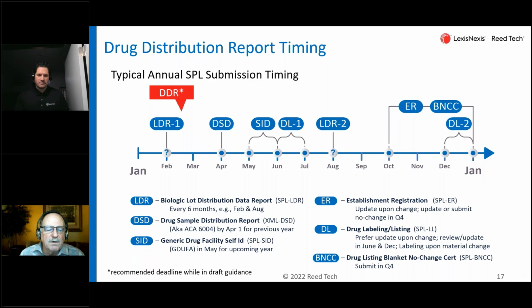This annual reporting would be in the February timeframe, and then we do have this one anomaly this year where the drug distribution report has to be submitted for the 2021 reporting data. So it gets very busy.